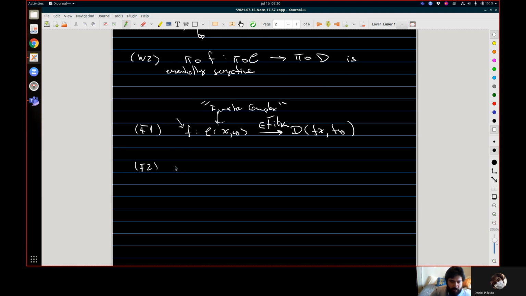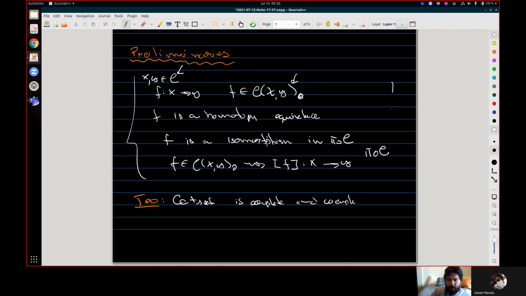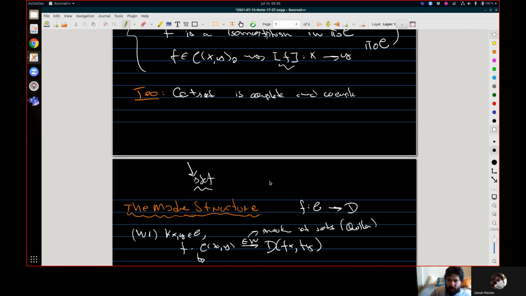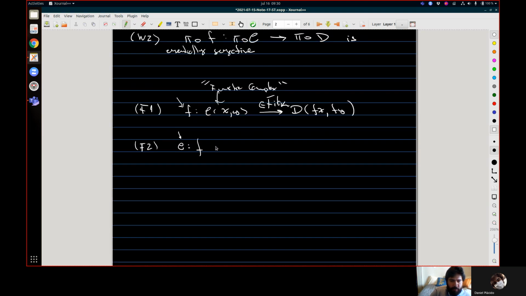That is to say that if we have a weak equivalence, a homotopy equivalence in the sense of this definition here, then the induced morphism in the homotopy category is an isomorphism. So this is in D.